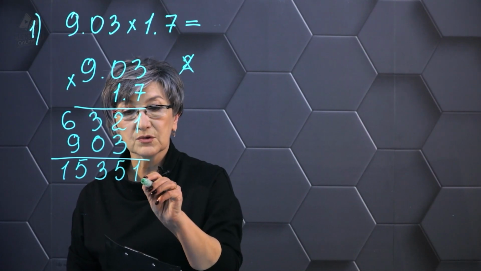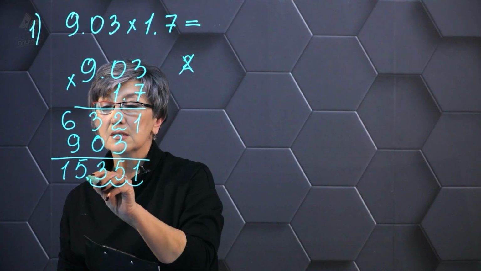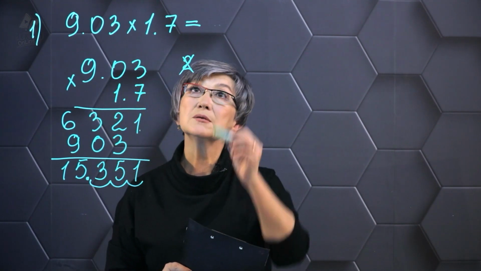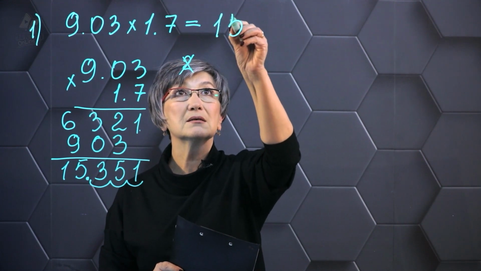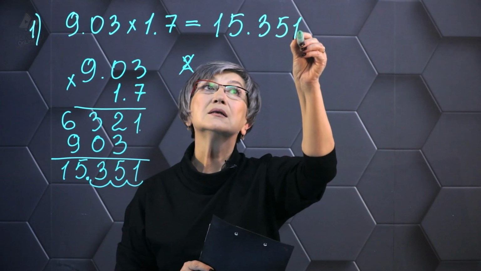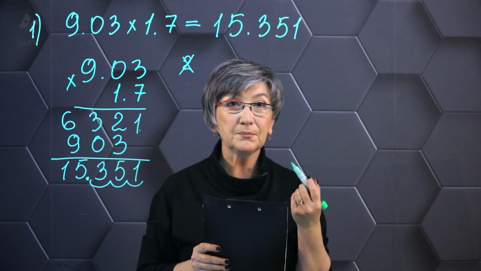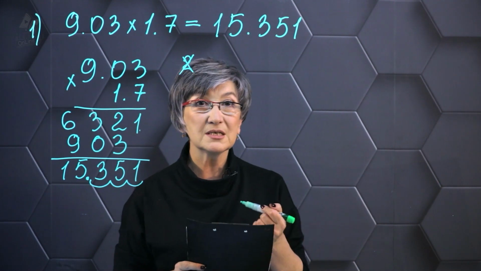So this is where I'm standing. 1, 2, 3. And I put a dot, the result is 15.351. And that's all you need to know and do when multiplying decimals.